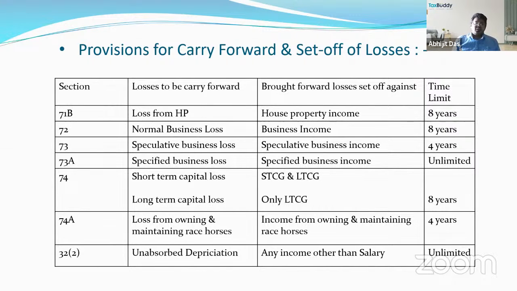And lastly, according to section 32(2), any carry forward loss of unabsorbed depreciation can be set off against any income other than salary in subsequent years, and there is an unlimited period available for such adjustments.